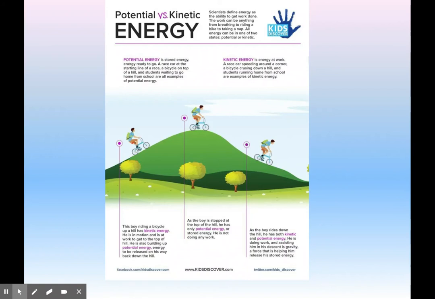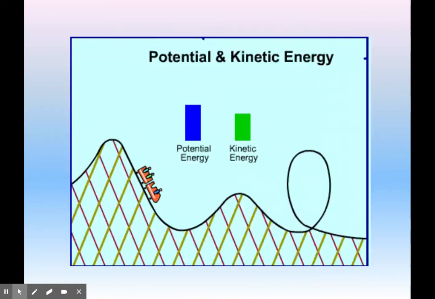As he goes down, his velocity is going to increase, and so will his kinetic energy. If we watch the roller coaster and the change in the blue and green graphs there, when the potential energy goes up, the kinetic energy goes down. And the opposite, when potential goes down, kinetic goes up. So a lot of the time they're inverse of each other.